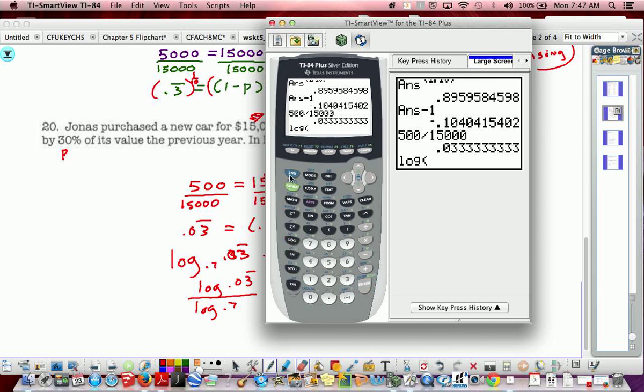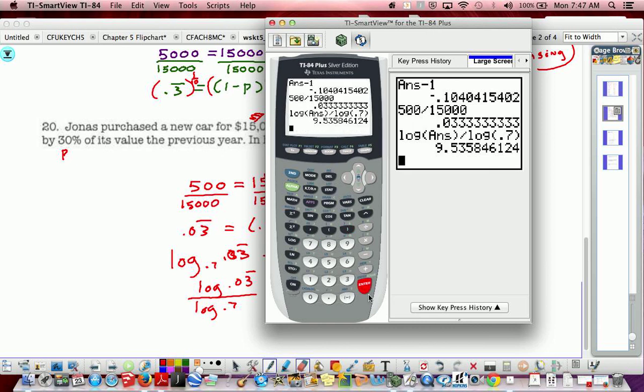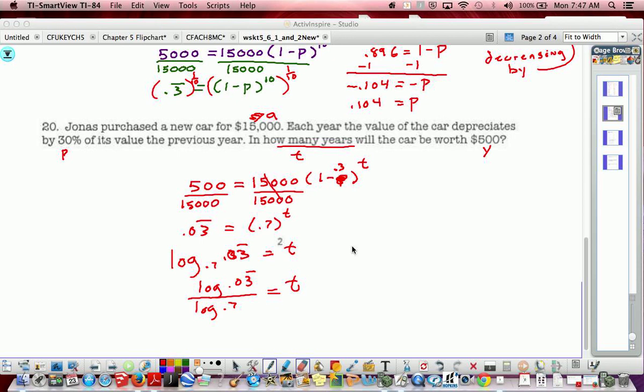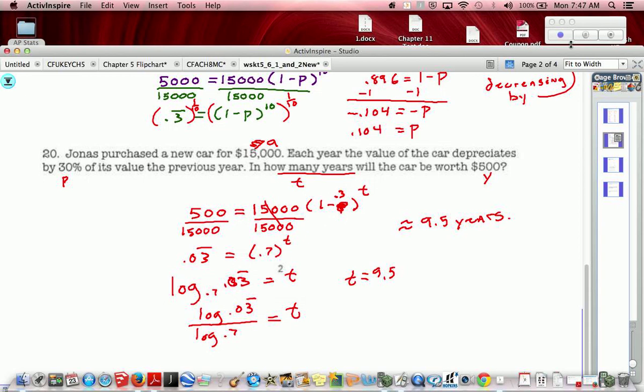Now what's nice is I still have my answer, divided by log of 0.7 equals 9.54, or since we're rounding to the tenth, we would say about 9.5 years. All right, so this ends the 5.61 worksheet.